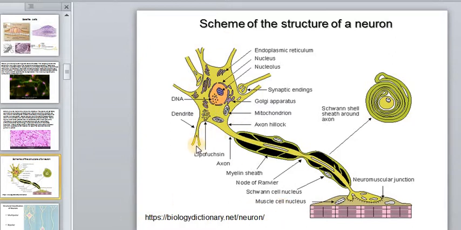The parts of any neuron are the soma. The soma can be different shapes, and usually a neuron has a lot of fibers, dendrites, and one axon.